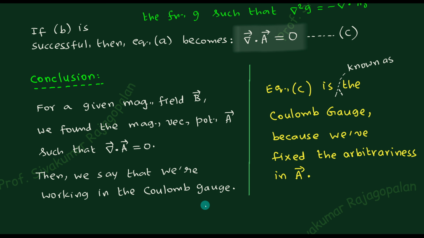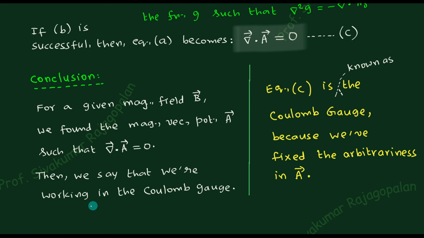So what is the meaning of working in the Coulomb gauge? Once you fix the divergence of A equal to 0 and then understand the magnetic field, then we say that we are working in the Coulomb gauge. Working means theoretically we are working, in the sense of whatever mathematical steps you are doing.